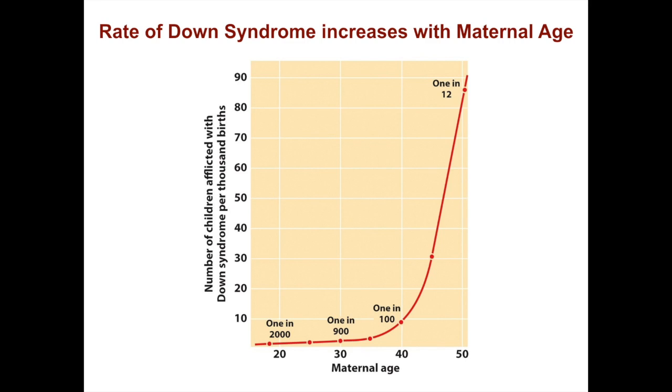Why maternal age is associated with nondisjunction is not known for certain. However, there are theories that suggest that because the second meiotic division takes place immediately before the nuclei of egg and sperm unite to form a zygote, during the period where eggs are arrested in meiosis 1, the eggs are suspended in the diplotene phase for many years before the ovulation takes place, and components of the spindle and other structures required for chromosome segregation may break down in the long arrest of meiosis.